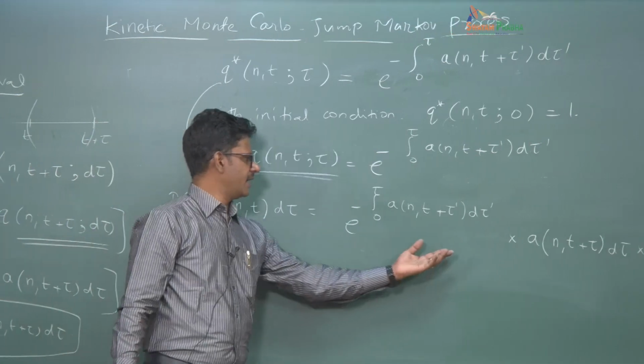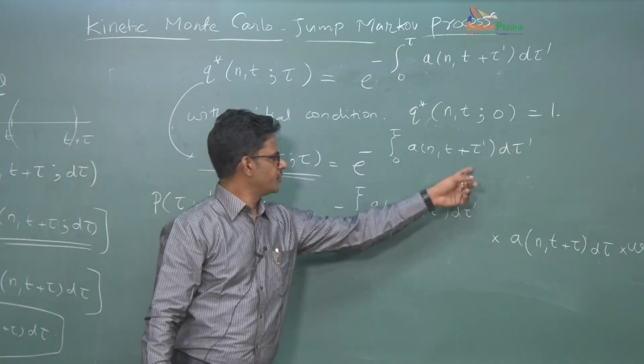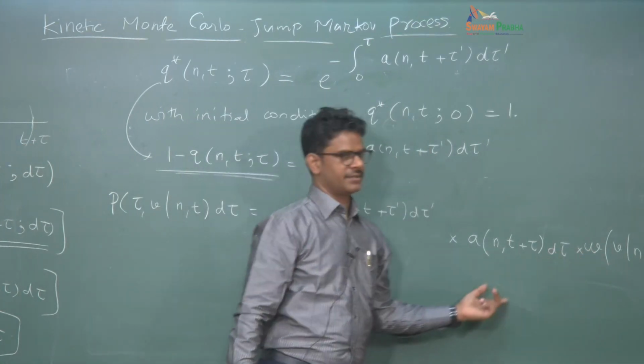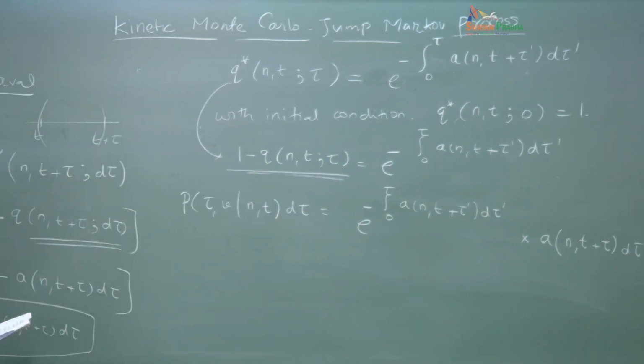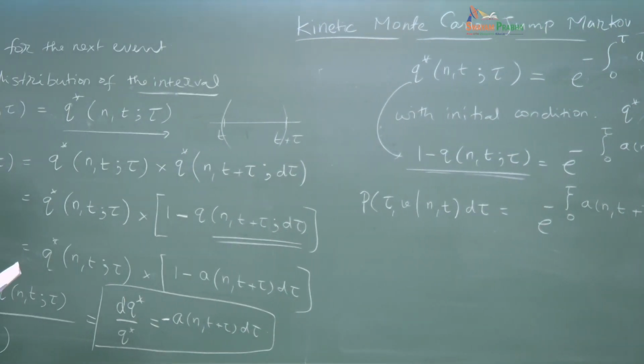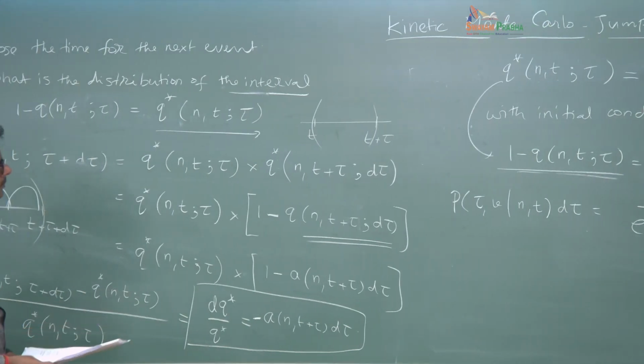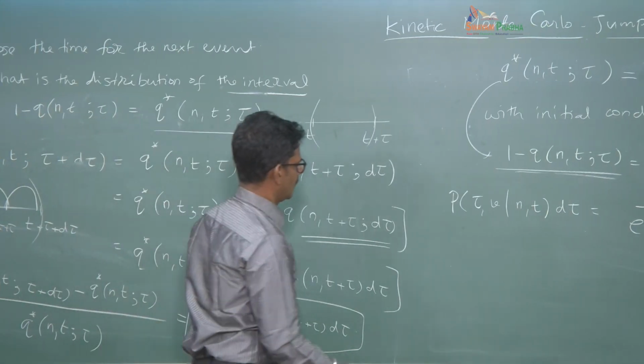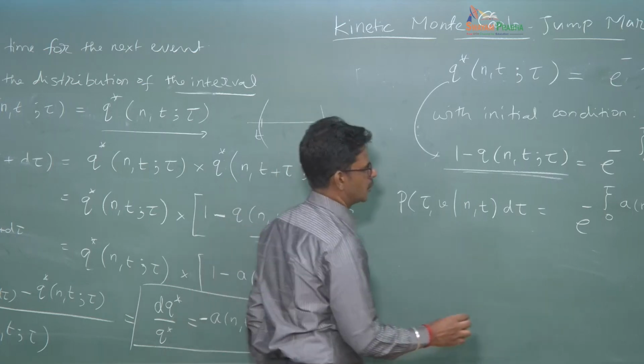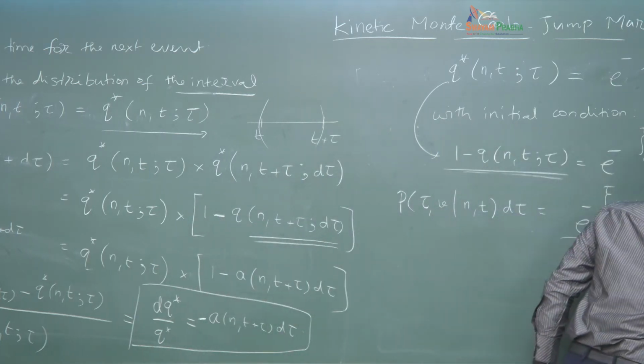In the term where we had 1 minus q, I am substituting this exponential term, the remaining a's and w's are here. So we can combine this entire thing.